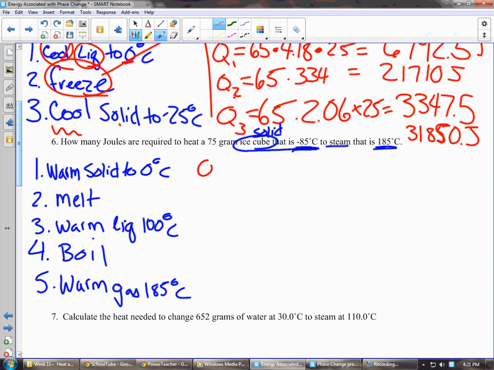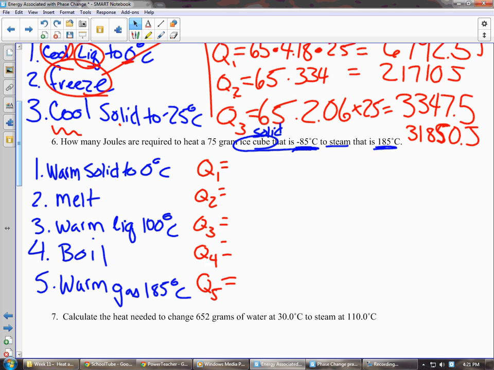All right, so that means we're going to have 5 Qs. Q1, Q2, Q3, Q4, and Q5. Okay? So what I would like to do is have you pause the program here and see if you cannot figure out our Qs and then continue going here once you get that started.